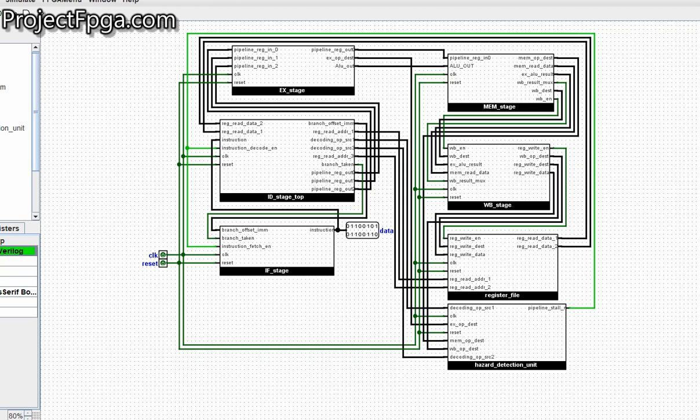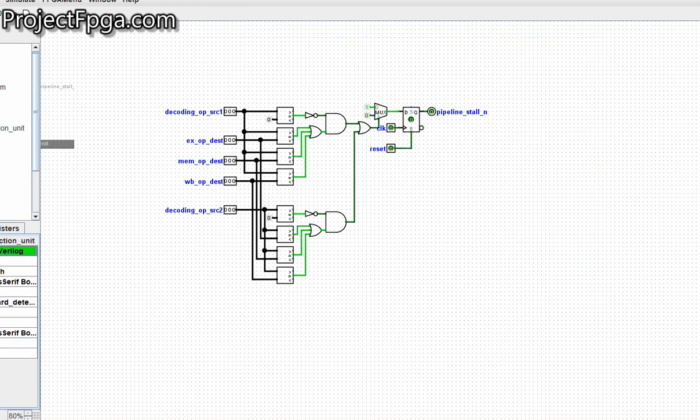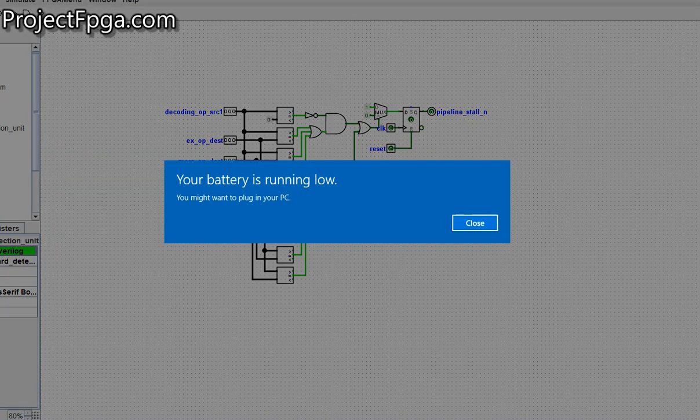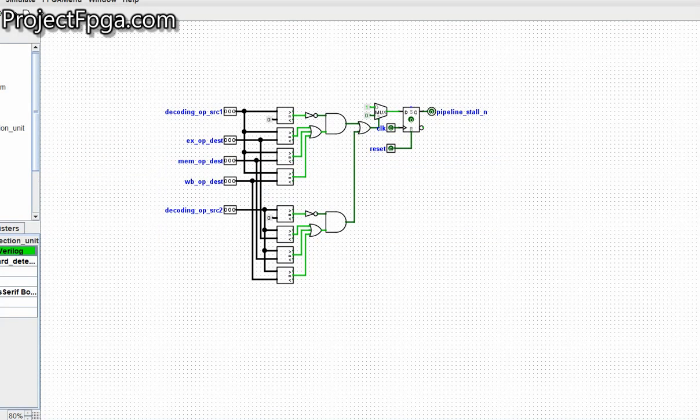Okay, sorry, the hazard unit. Let me just quickly rush over it here also, since my battery is running low. I'll just give a brief description of this hazard unit. It compares, remember when we met all these DST inputs, it checks if they are ever equal to this decoding source that comes from the ID unit.